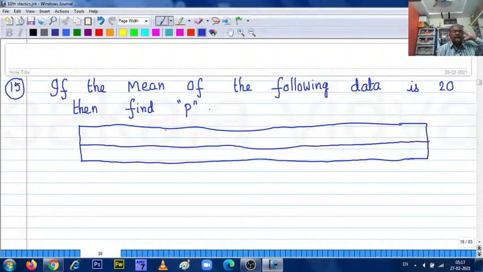Okay, this is x, this is frequency. Given x: 15, 17, 19, 20 minus p and 23.